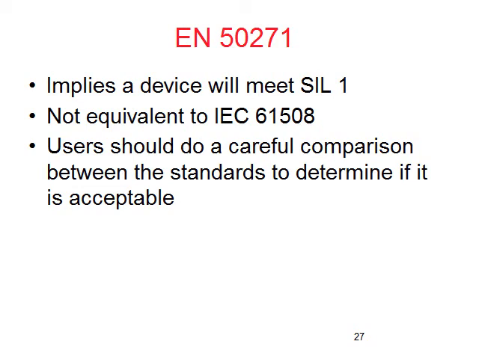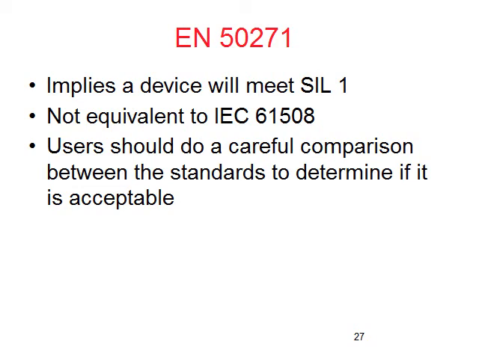If you look at 61508, you'll see tables and specific requirements for what you need to do for code coverage, what you need to do for code review, what you need to do for a coding standard, what you need to do for many, many very specific things. And EN 50271 does talk about those concepts and says you should do this, but it doesn't really put the framework about what level of doing is acceptable.